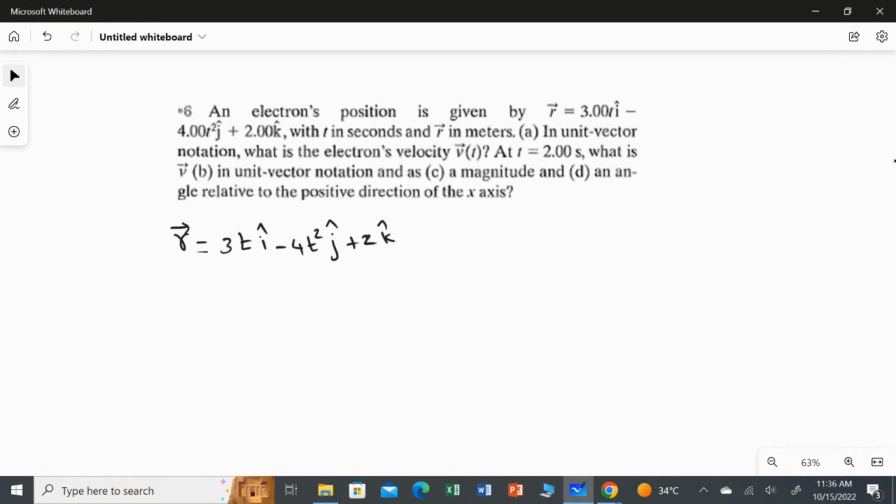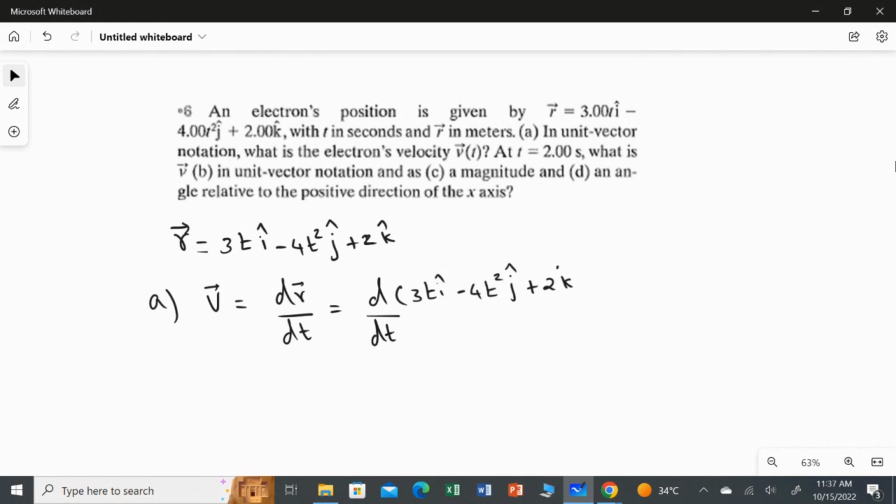First, I have to find the electron velocity, and here the position of the electron is given in vector form. So we have to go for the instantaneous velocity. The instantaneous velocity is d of r vector over dt, which is d over dt of 3t i cap minus 4t square j cap plus 2 k cap.